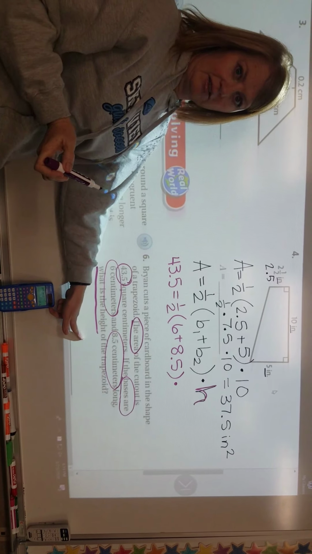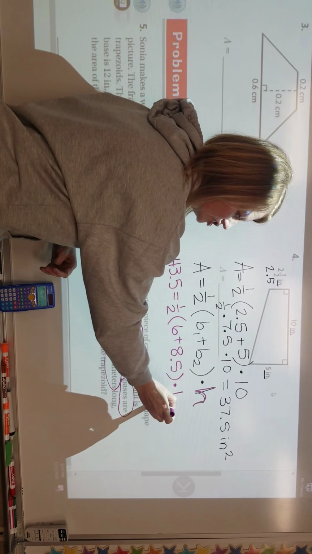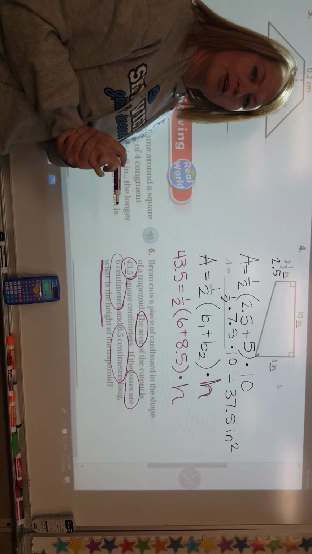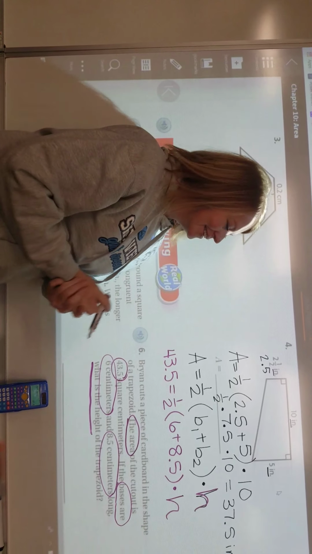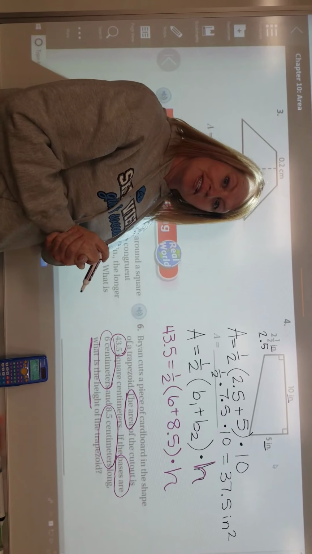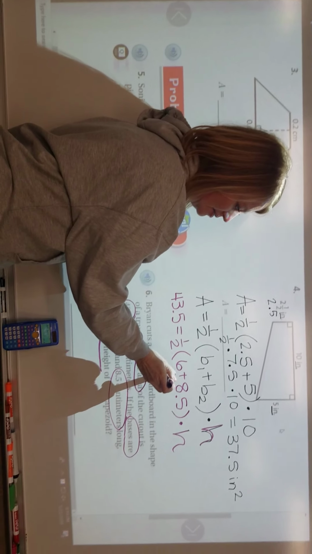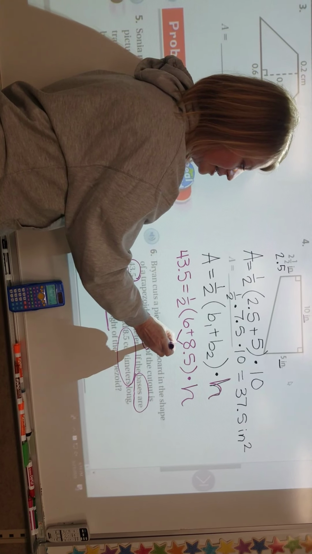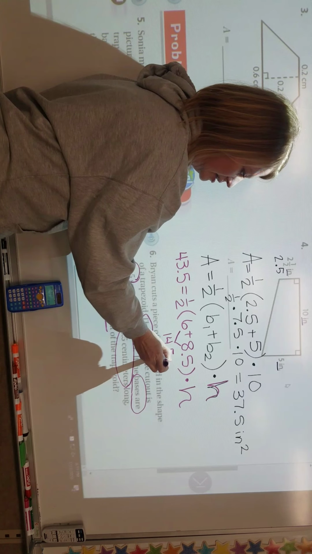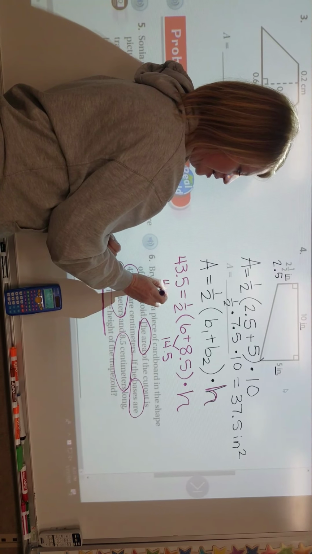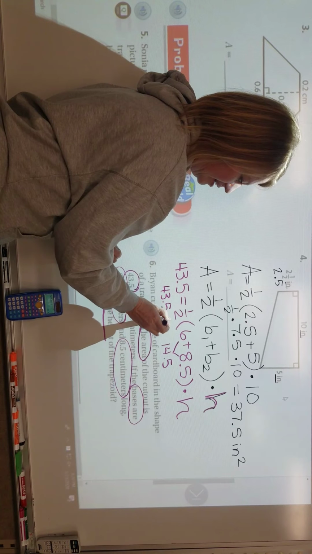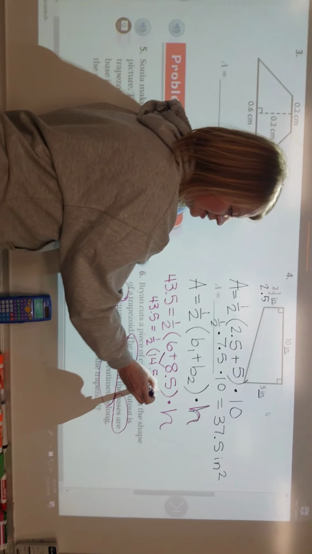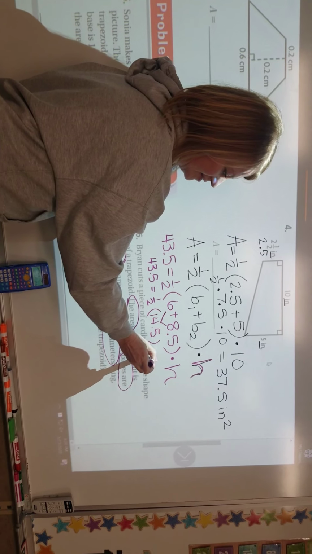That's the part I don't know, so I'm going to have to solve for h. Order of operations says we do what's in parentheses first. So 6 plus 8.5, that's 14.5. So now I have 43.5 equals 1/2 times 14.5 times the height.